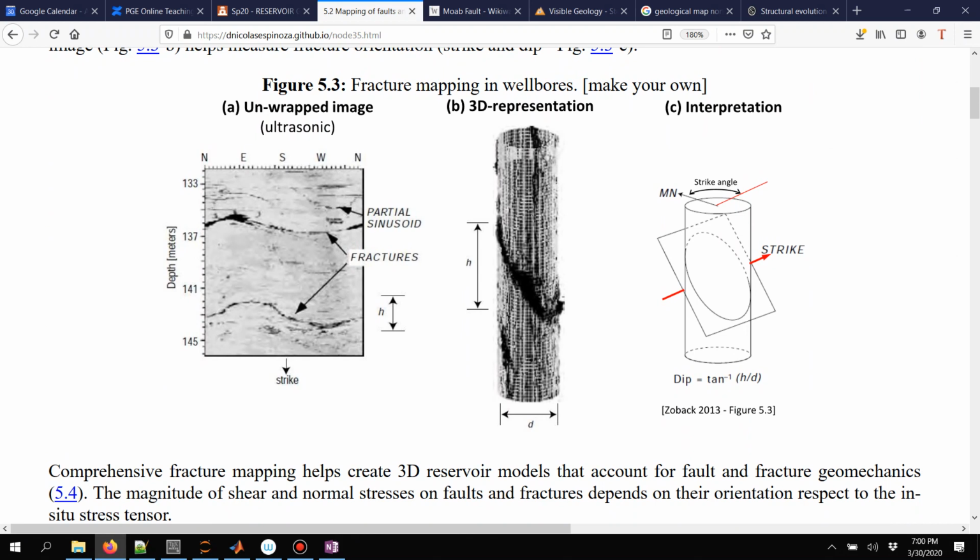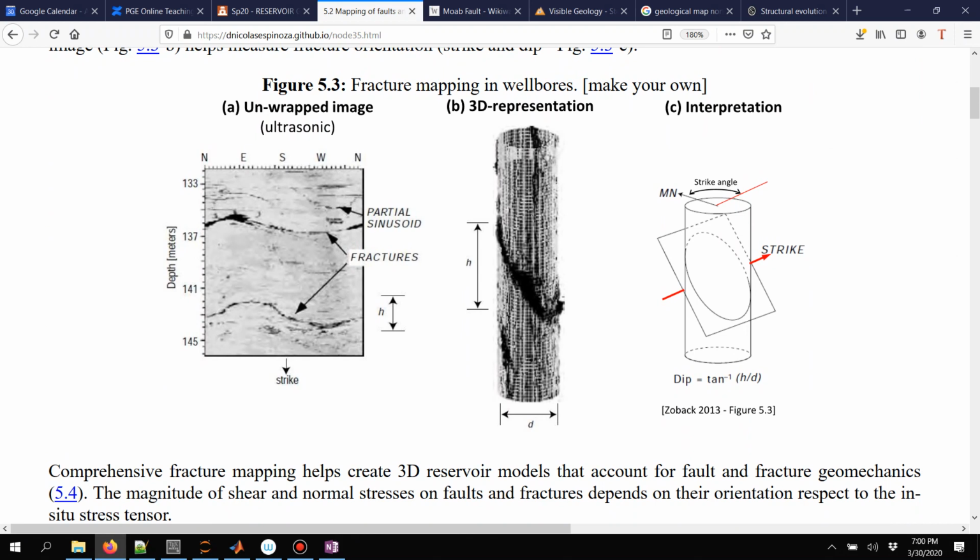When we have a wellbore that goes through a fracture like the one in the middle or through a fault, we can see that in these images as sinusoids, where the amplitude of the sinusoid tells us how steep that fault is dipping.